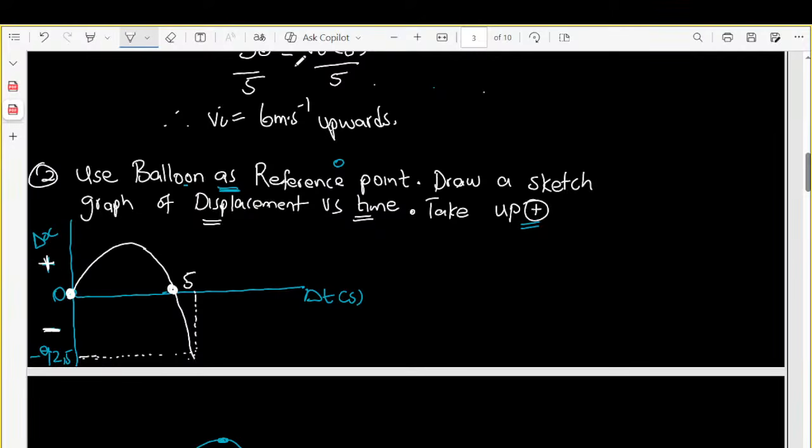Trust me, if you don't understand this graph, you're going to have problems with these other graphs. You're going to have a very big problem. So this is what you need to understand so that you can draw the velocity time graph. You understand, Mungi?